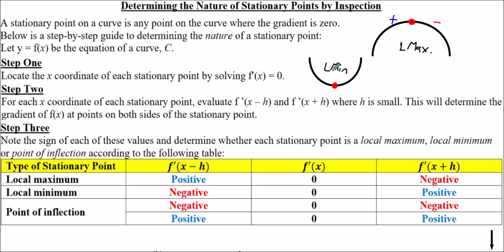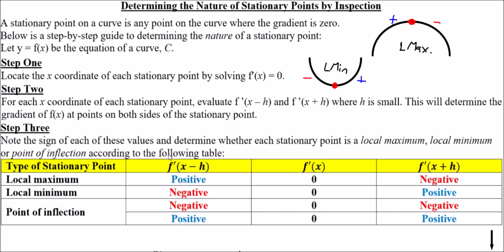Then reading left to right, what we'd have here is initially a negative gradient as it's going down, comes to a 0 gradient, then after the minimum it starts going up. Hence a local minimum has negative gradient, 0 gradient, and then positive. The points of inflection, don't worry about these too much. I'm going to explain these in a bit more depth in just a second or so.